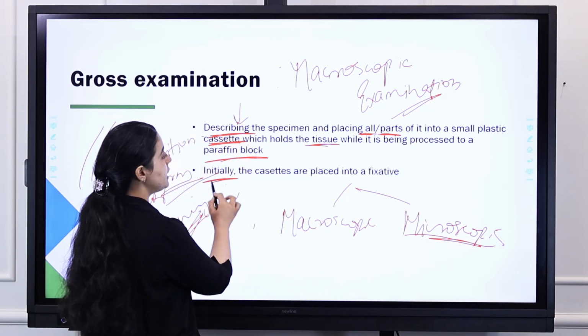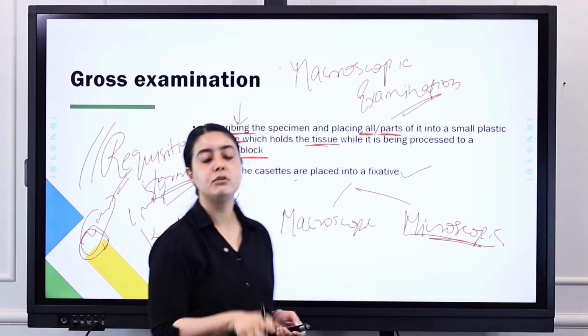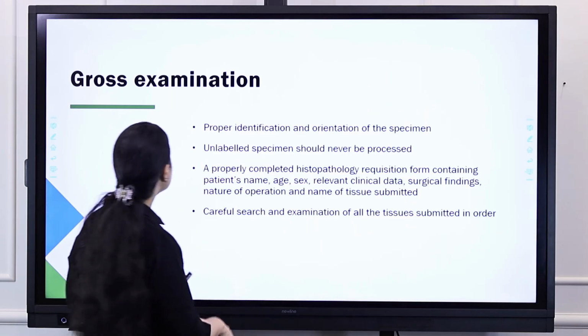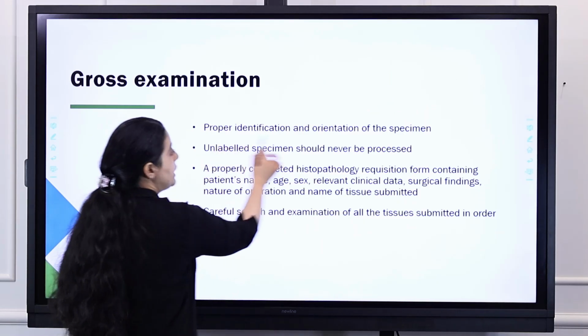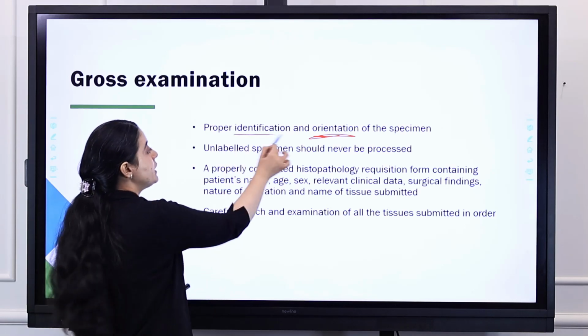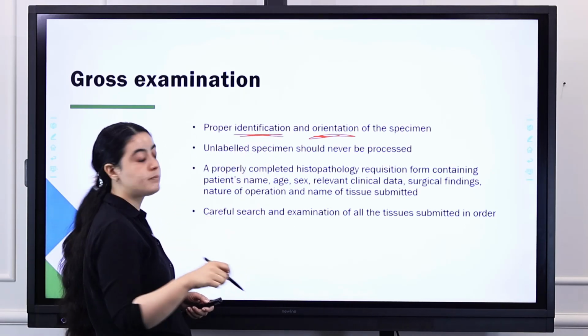Then initially the cassettes are placed into the fixative, because we also have to prevent the tissue from any kind of decay, right? Then we have to do the proper identification and orientation of the specimen. As I have told you, you have to identify what type of specimen it is, and what you have observed in this specimen.